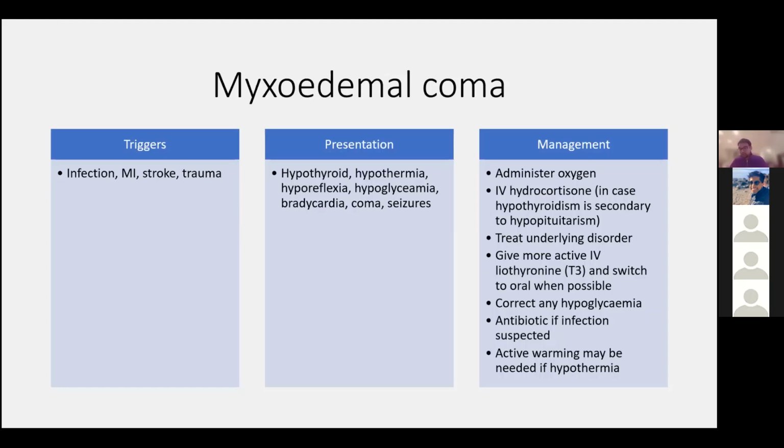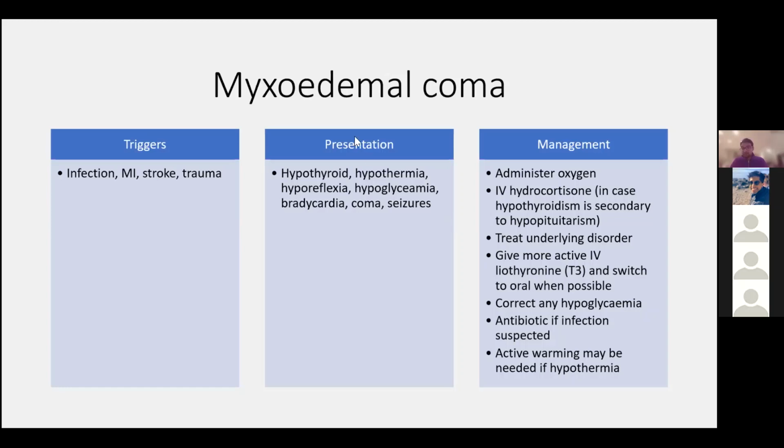You should actually give this before you give any thyroid hormone, because if the patient has secondary hypothyroidism due to hypopituitarism, then they may have a degree of adrenal insufficiency, which may be uncorrected. And then you treat symptomatically.